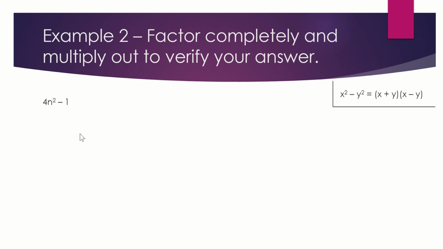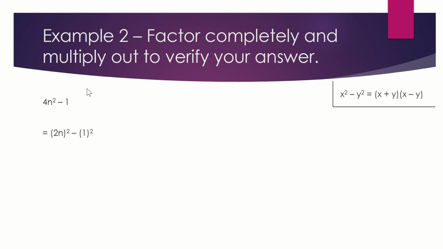So once again, we should rewrite it as a difference of squares. The way to do it for the first term is to realize, okay, what squared is 4? That's 2, right? And what squared is n squared? It's just going to be n. So if you square 2n, you get 4n squared, okay? For this term, you have 1, and the way to write that as a square is just to write it as 1 squared, because 1 squared is just 1, right?